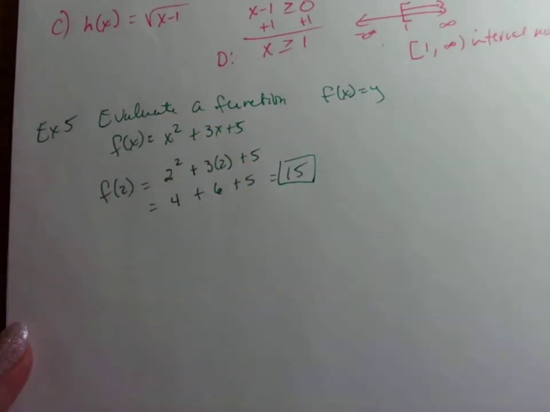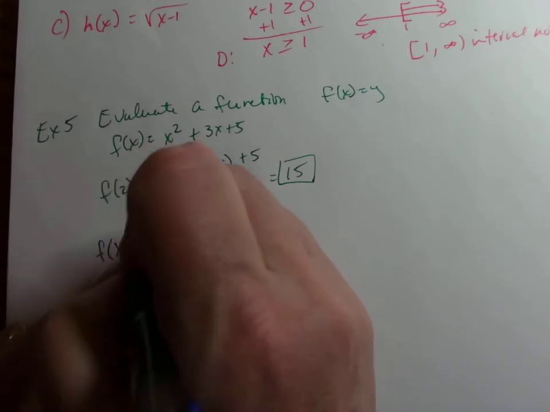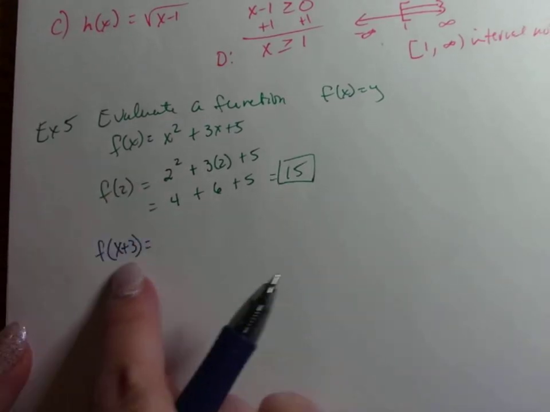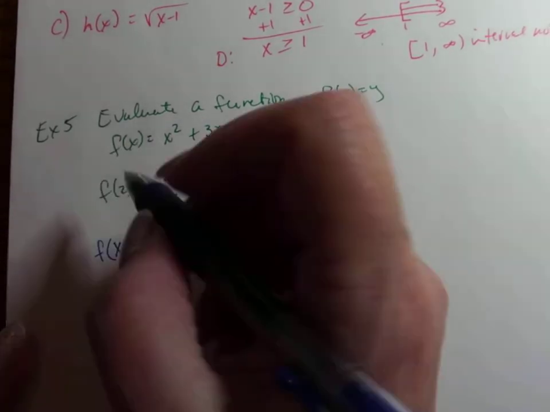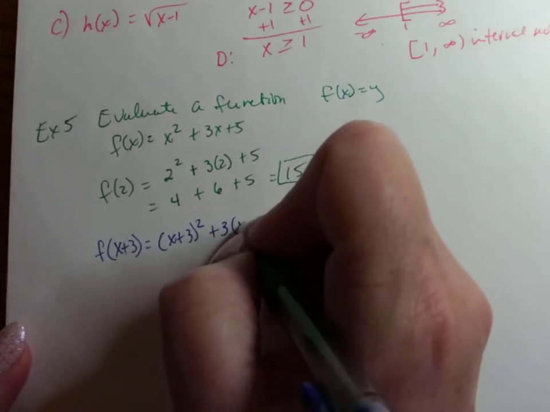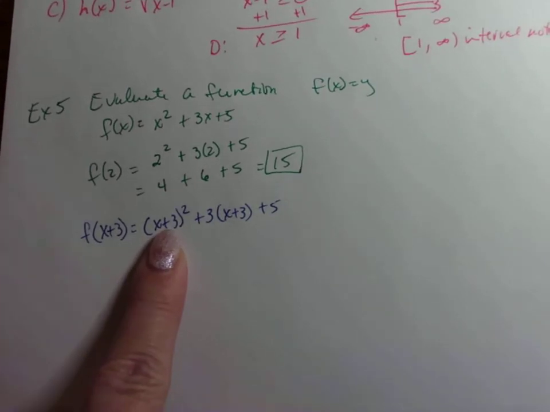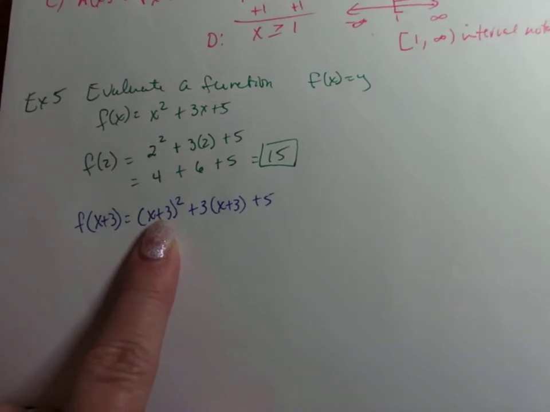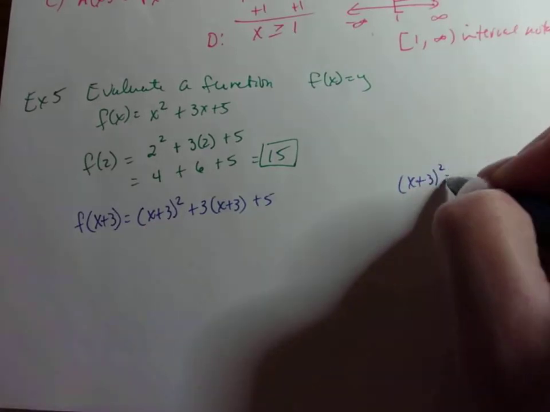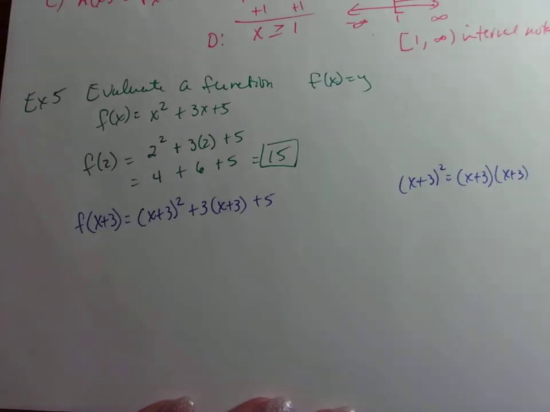Now let's use the same function, f of x plus 3. So now instead of plugging in a 2, we're going to plug in an x plus 3 wherever our x is. So we have x plus 3 squared plus 3 times x plus 3 plus 5. Now the one thing you need to remember is that when you have x plus 3 squared, that is the same thing as x plus 3 times x plus 3.